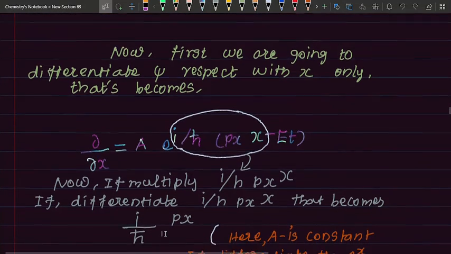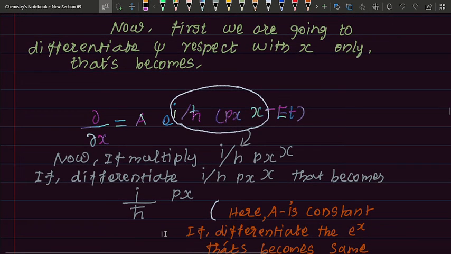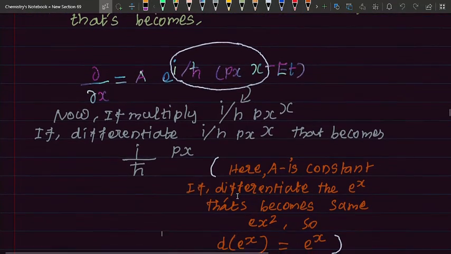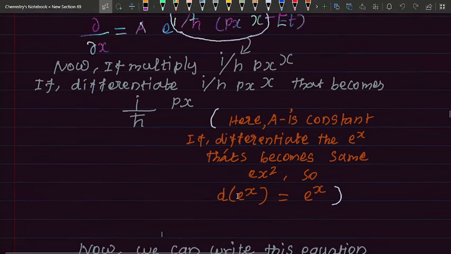Differentiating i by h cut px x gives i by h cut px.